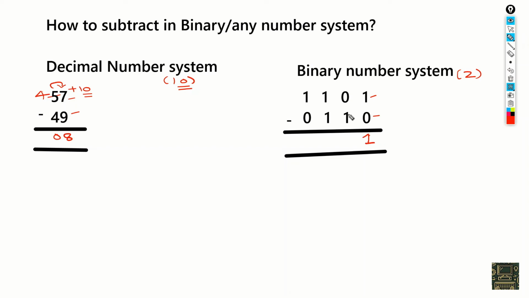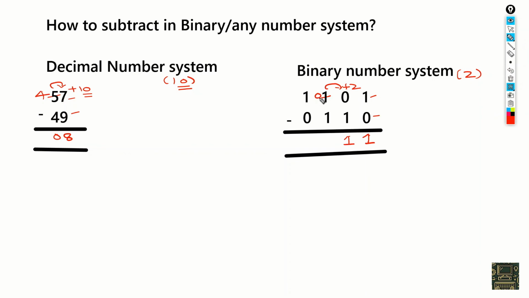Since 0 is less than 1, I need to take the borrow from the next stage. When I take the borrow from this stage, this will add the value plus 2. Why is this adding the value plus 2? Because the base of the binary number system is 2. So this 1 becomes 0 here because I have taken this 1 as a borrow to this particular stage. Now this 2 minus 1 will become 1.